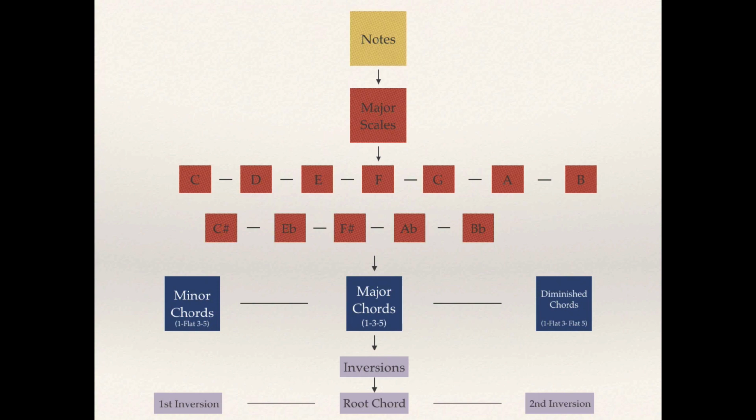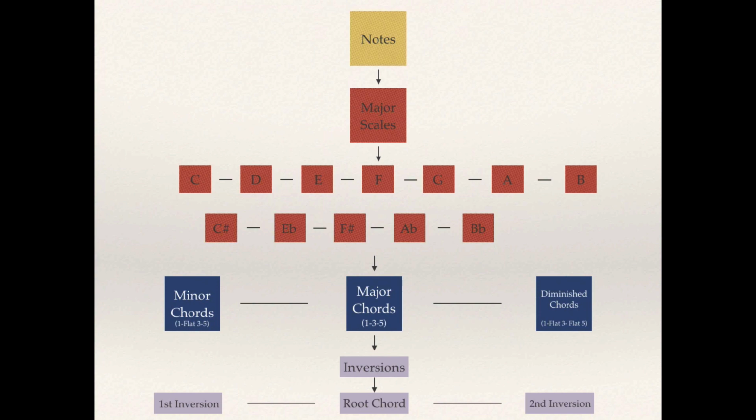A major chord is always based on a major scale. Whatever major chord you want to play, you go to that scale and you play the 1, the 3 and the 5 of that major scale. And as I progress, I'm going to make sure that you really get this down.